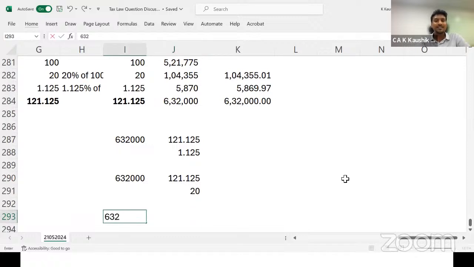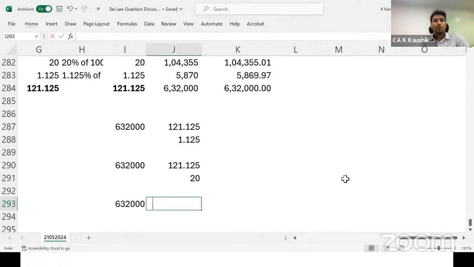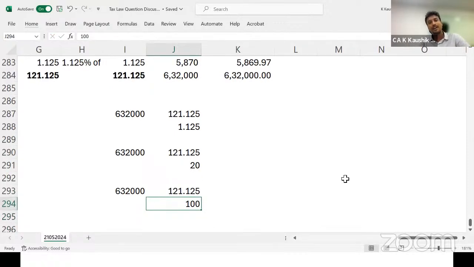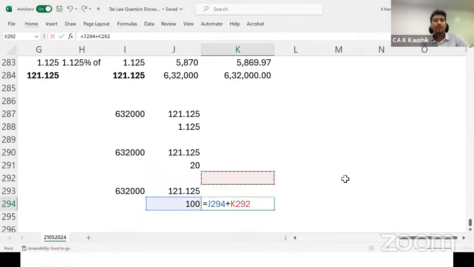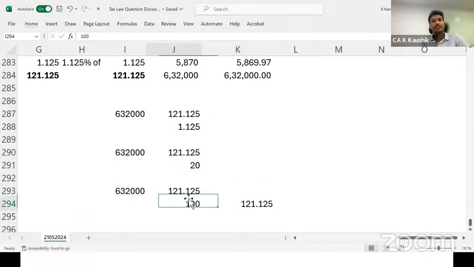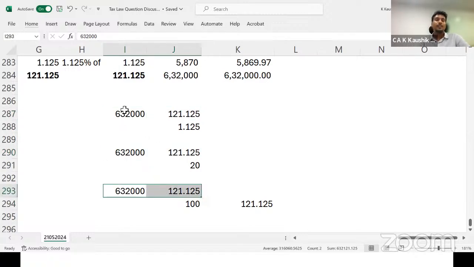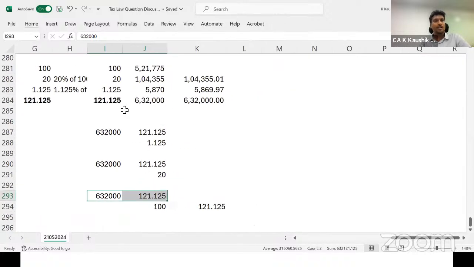If 6,32,000 is 121.125, then what is the FOB value? That is 100%. Now, if you add all, you get 100 plus 20 plus 1.125, that is 121.125, which we are equating to 6,32,000. Very important calculation part. If you are not sure, practice it, solve it in a different way and get comfortable with this aspect.